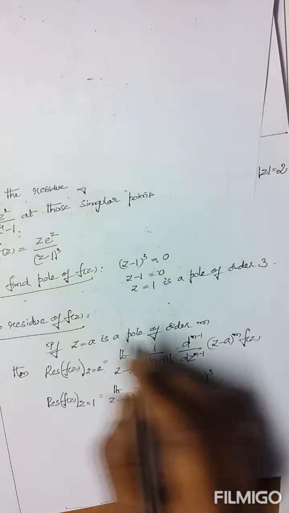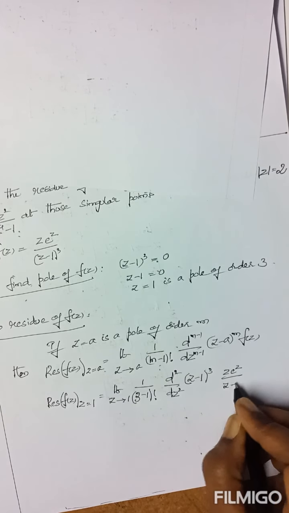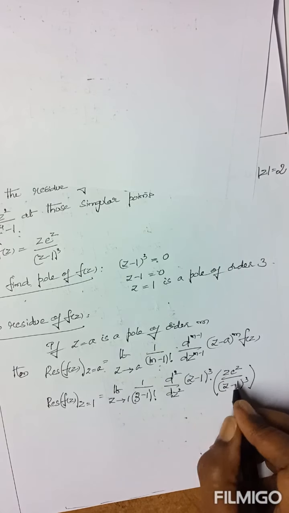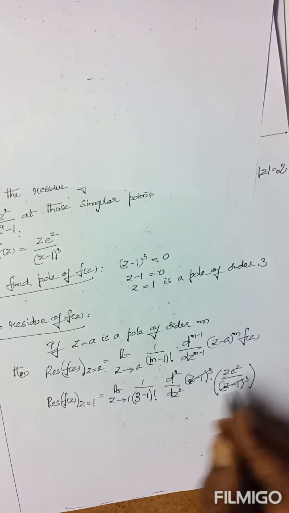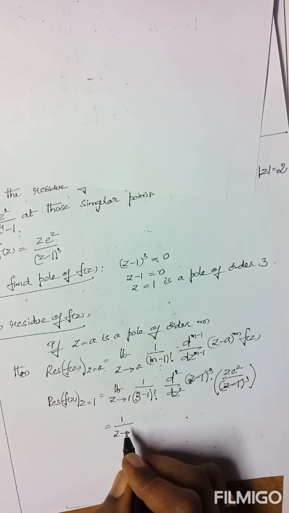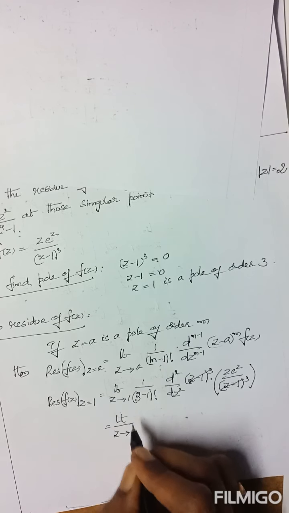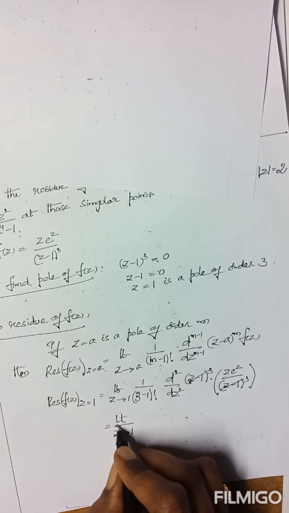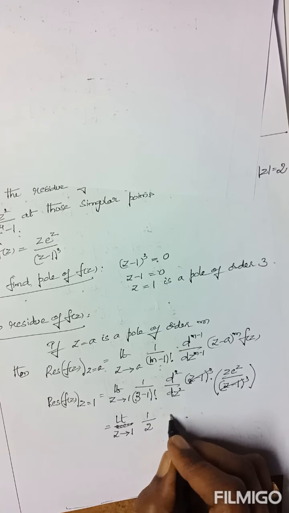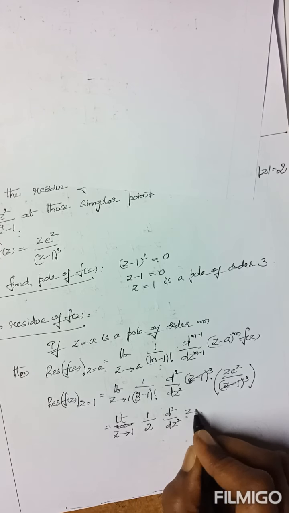F of z is the given function z e power z by (z minus 1) whole cube. Here the product of two functions, we can cancel these two. That equals the limit of z tends to 1 of 1 by 2 factorial, which is 2, d square by dz square of z e power z.